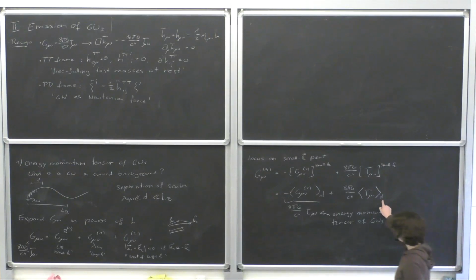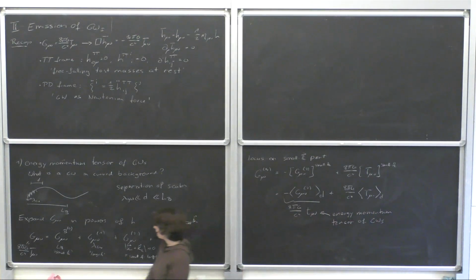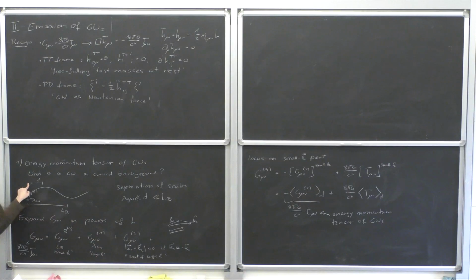I'm averaging over some length scale d, which can be a length scale or a time scale, and it's defined in a way that it discriminates between the gravitational wave and the background. And it's not unique. I can make this d a bit smaller or larger. It's a bit arbitrary, and the final result should better not depend on the exact value of d.